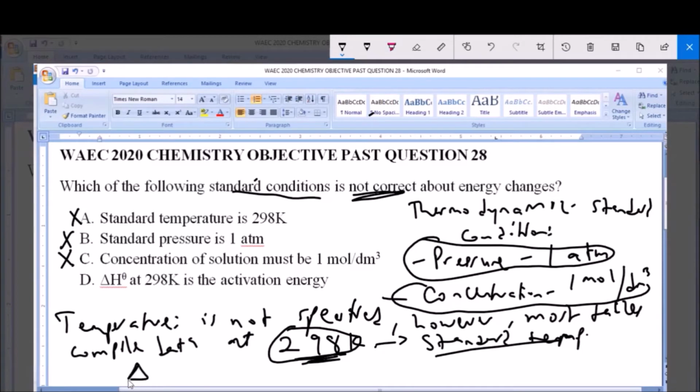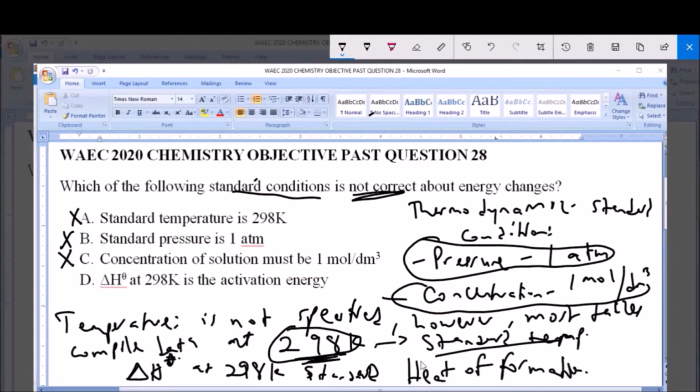Now, enthalpy at 298 Kelvin is known as standard heat of formation and not activation energy. So it is not correct about energy changes, and hence option D is the answer to this question.